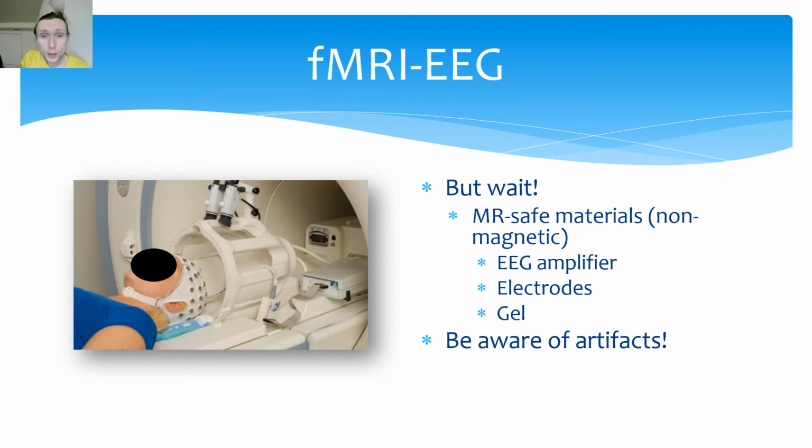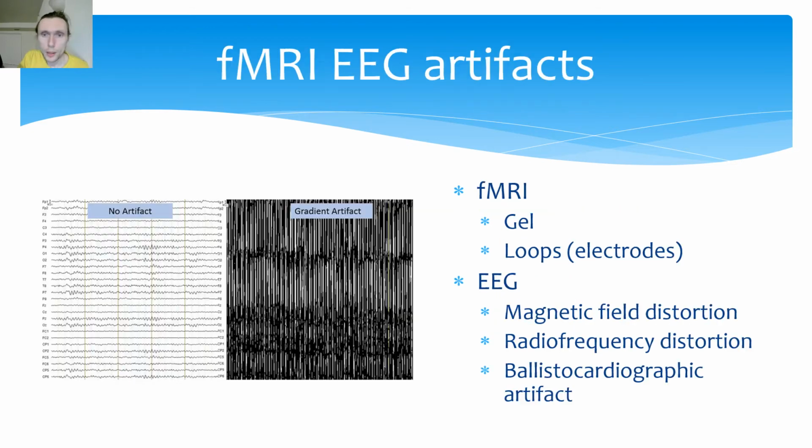So what type of artifacts can you expect from combining the two methods? Well, you will see artifacts both in your fMRI signal as well as in the EEG signal. In the fMRI signal, if you have ever been in an MRI machine, the experimenter probably asked you not to cross your legs or your arms, because this creates a loop.